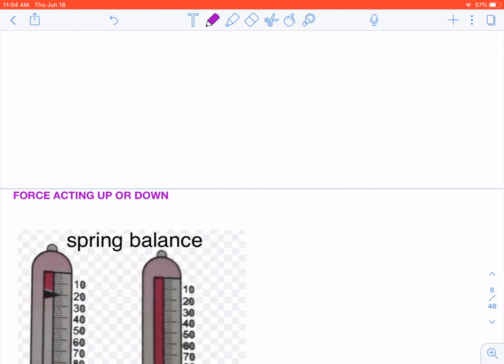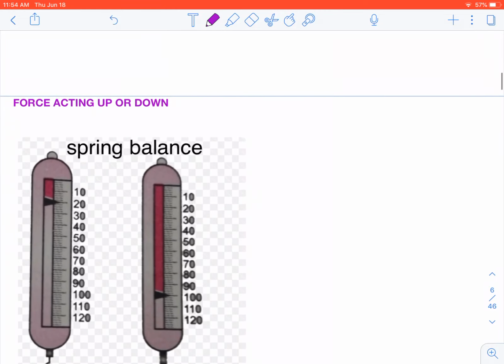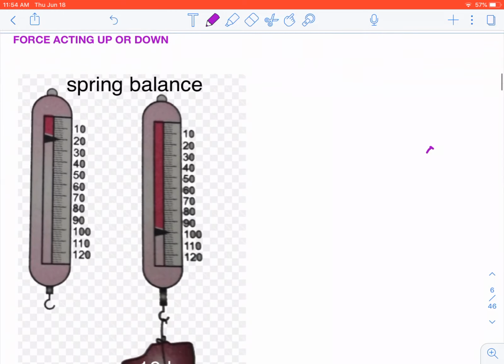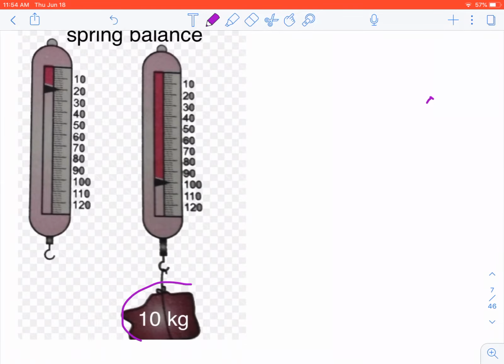Now let's look at force acting up or down. Here we have a spring balance, and a spring balance normally measures force. It's calibrated in newtons. Looking at a particular object, 10 kg, suspended from the spring balance, let's assume it's stationary.